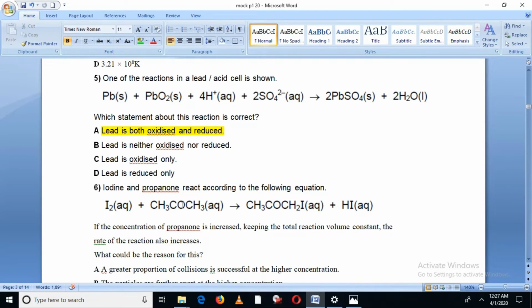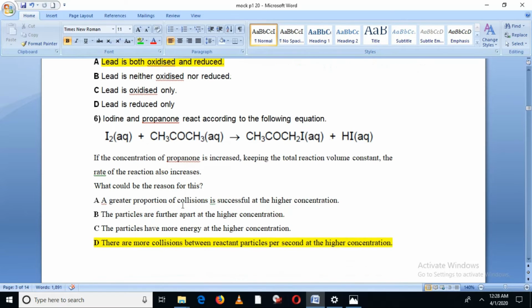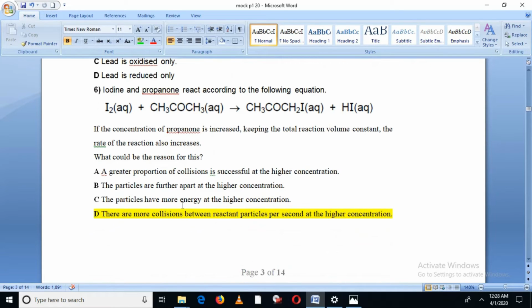Further going along, MCQ number 6: iodine and propanone react according to the following equation. If the concentration of propanone is increased, keeping the total reaction volume constant, the rate of reaction also increases. What could be the reason for this? We had four options.